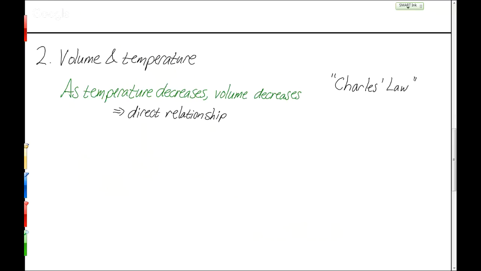And you can think of this in a couple of ways. The example we're going to do is kind of a fun one on Wednesday. We're going to have a pretty full balloon, and we're going to pour liquid nitrogen on it. Liquid nitrogen is at 77 K, so really cold, right?